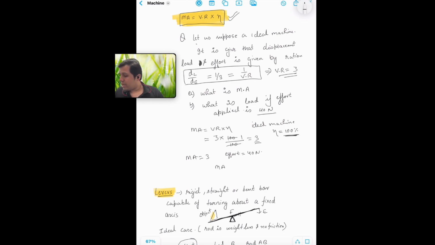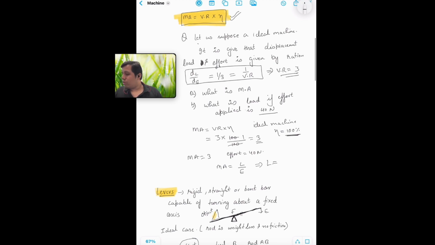So I will write it: mechanical advantage is load by effort. If you put in the values of effort and mechanical advantage, the load comes out to be 120 Newton straight away. So this is how you will do questions based on this formula.